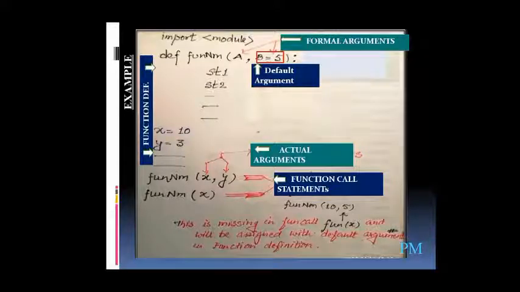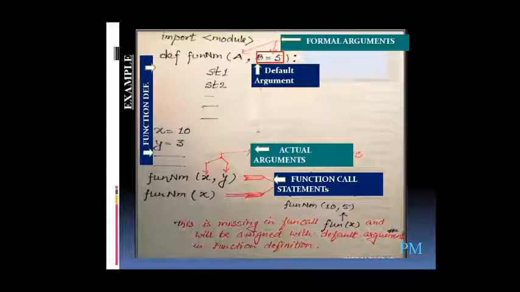Now the use of such a specification or default value. When we are calling the function funname and passing both values x and y, A and B will get their values from x and y. But in case we are not passing the second argument while calling the function, that means we are not specifying the second actual argument, the interpreter will access the default value of B and use it as the second argument to execute the second call to the function.